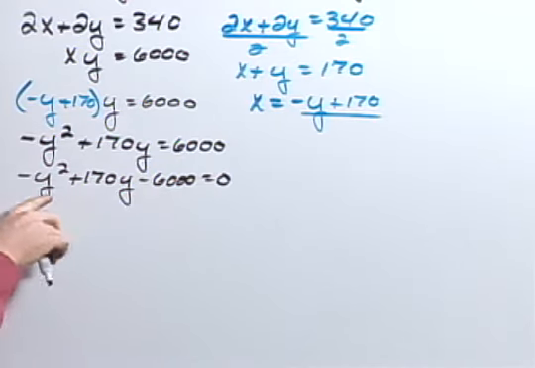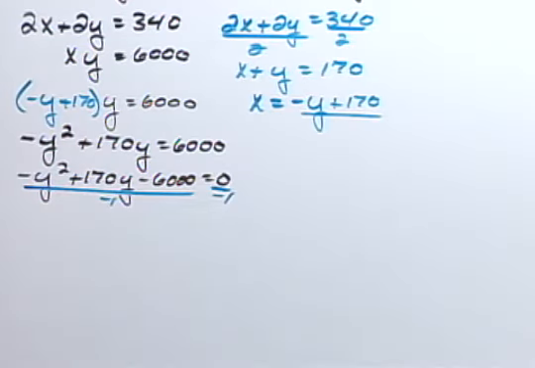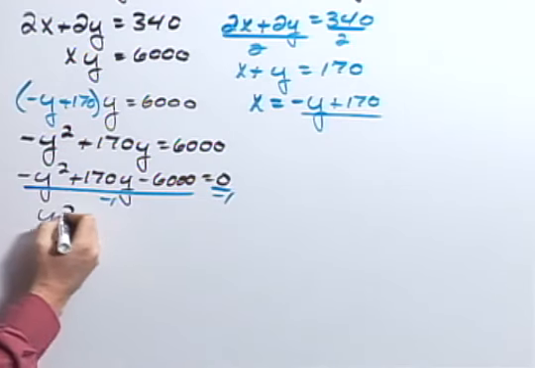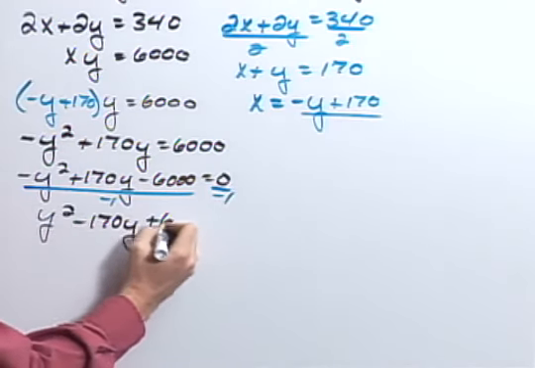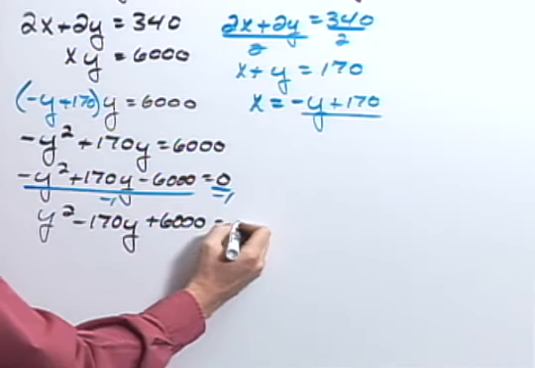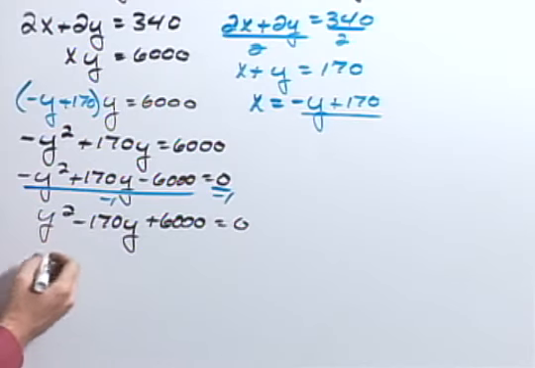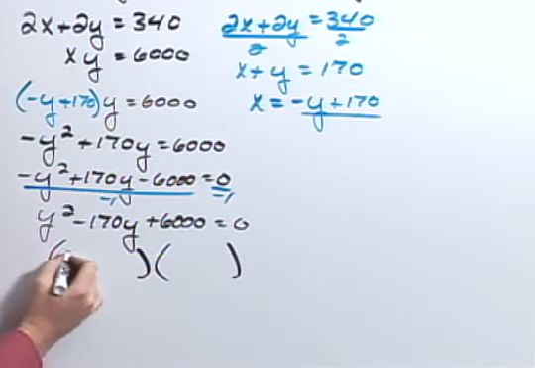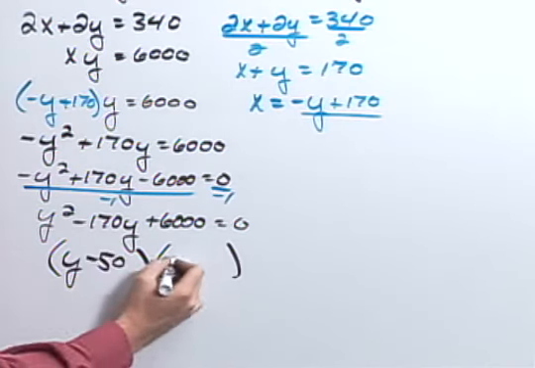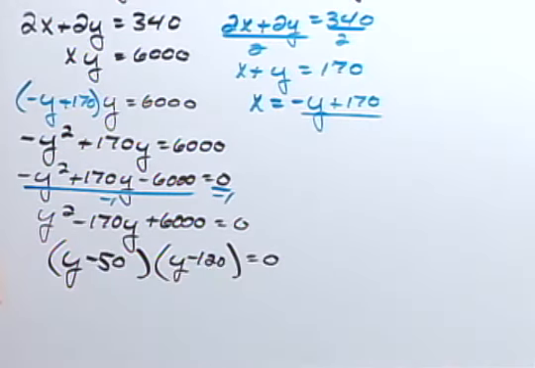Before I try to factor this, I'm going to clean it up by dividing both sides by a negative 1. So it would be y squared minus 170y plus 6,000 equals 0, because 0 divided by anything is still 0. And now I can factor this to y minus 50, y minus 120 equals 0.